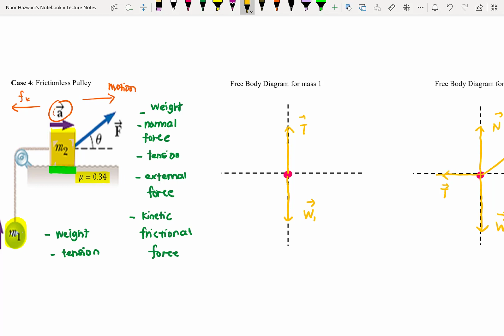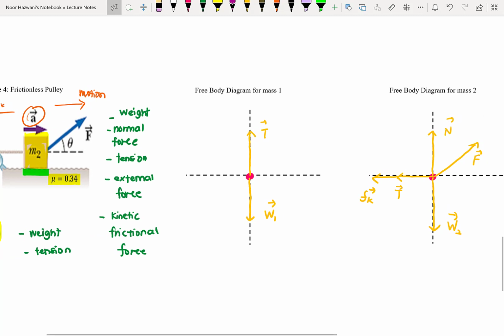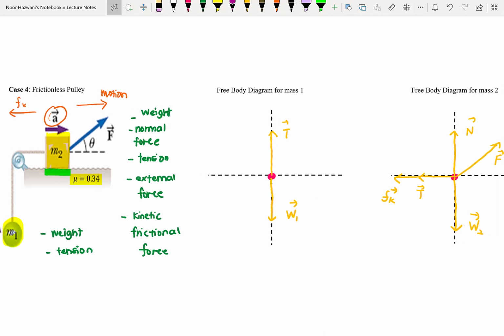And the last one we have F subscript K to represent the kinetic friction. So these are the free body diagrams for case number 4. What I mentioned before, since you could see here T here and T here, I just label with the same T because of the same rope.